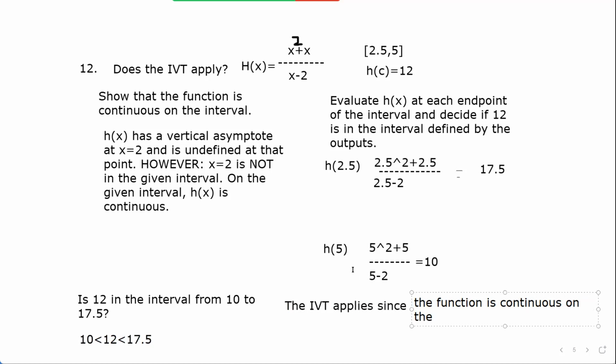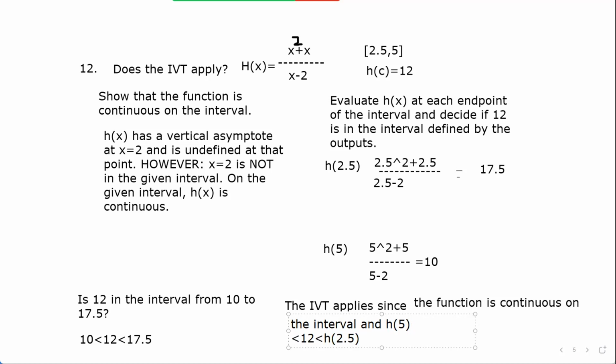on the interval, and h of 5 is less than 12 is less than h of 2.5.